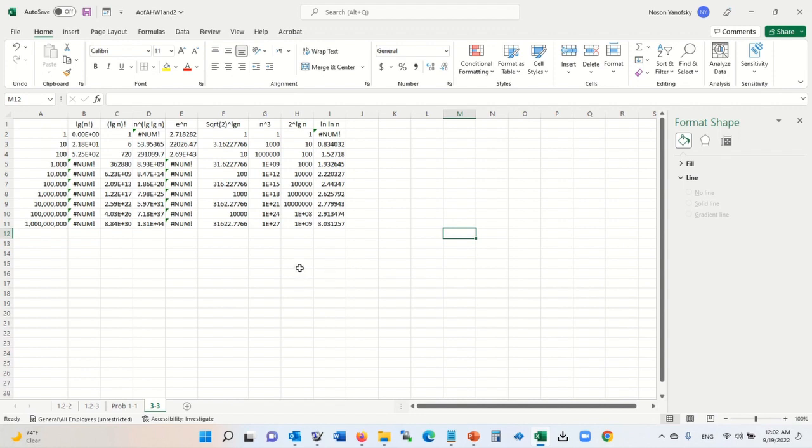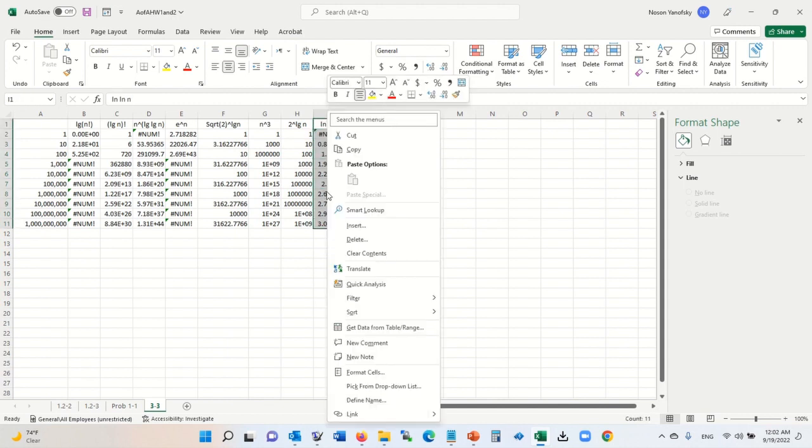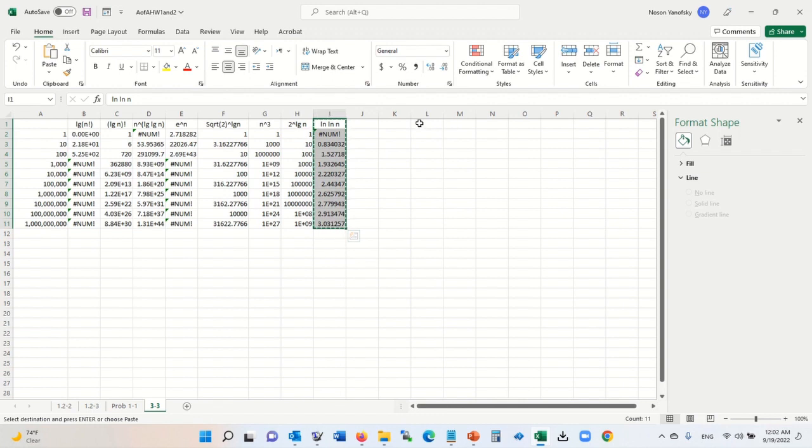Okay, so I suspect this is the slowest. So let's put this here. Copy. I'm going to make a listing of this from fastest. So here's the slowest. Okay, let's see what's second slowest.